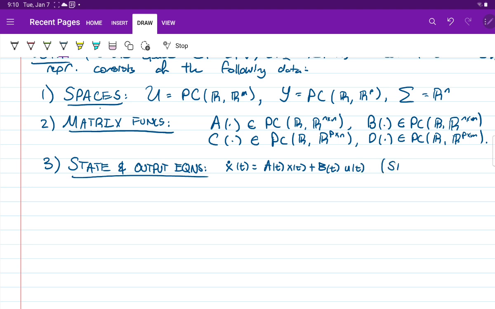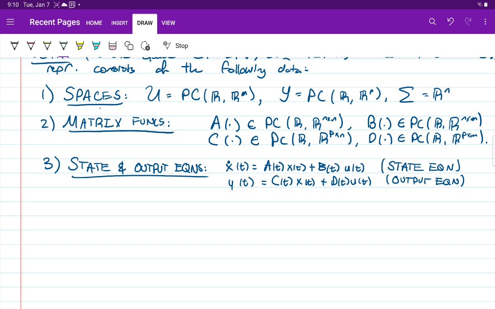This is called the state equation. And I have y of t equals C of t x of t plus D of t u of t. And this is called the output equation.